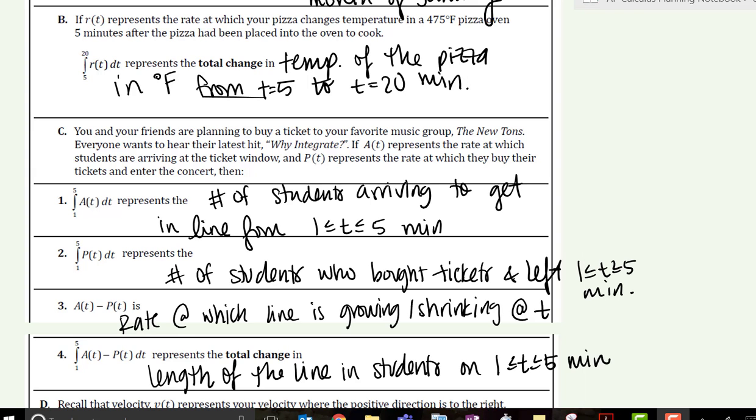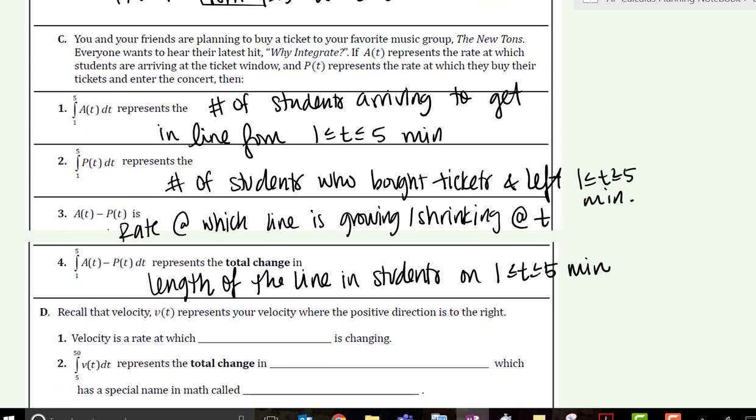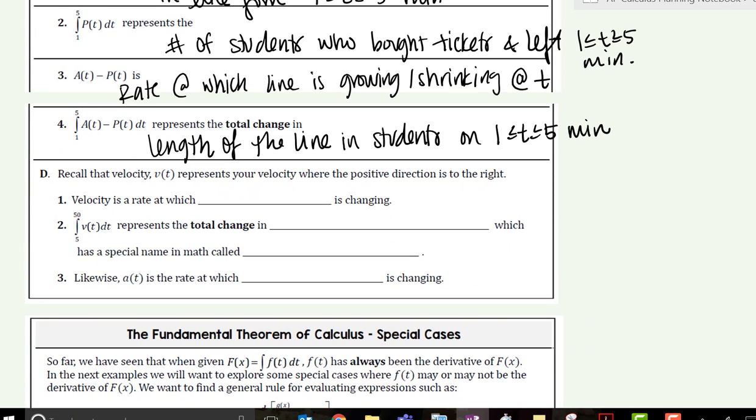All right, here's a good overview. Remember, without that integral, so this a of t minus p of t, we're back to a rate. But as soon as that integral gets thrown on, we are actually looking for the summation of those rates. What we kind of saw on Friday is that we talked about velocity and that connection between velocity and acceleration. So we know that velocity is the rate at which position is changing, right?